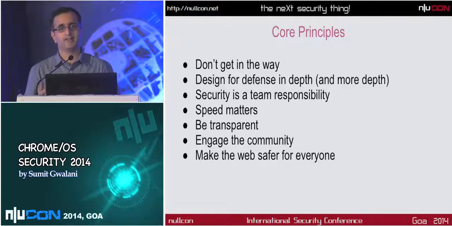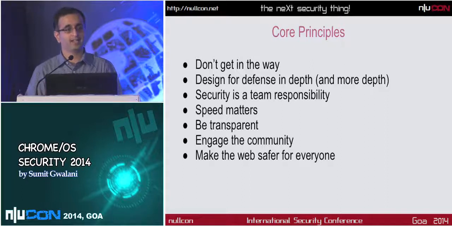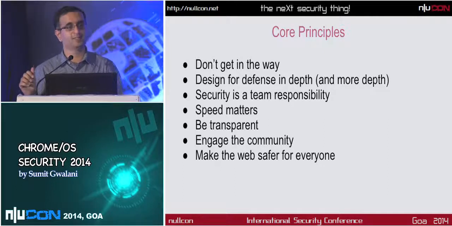So how did we define our initial principles? The first principle we came up with was don't get in the way. We have two other principles, speed and simplicity, and we want to be very sure that we are not getting in the way of them.